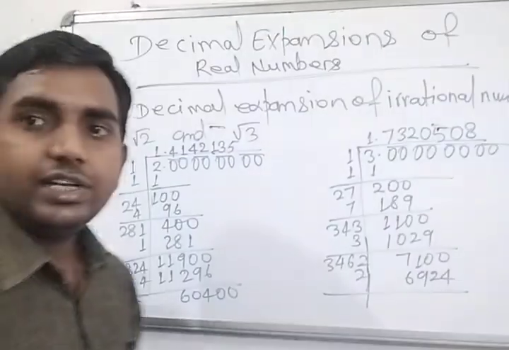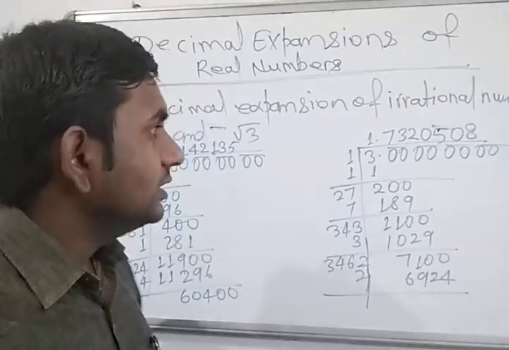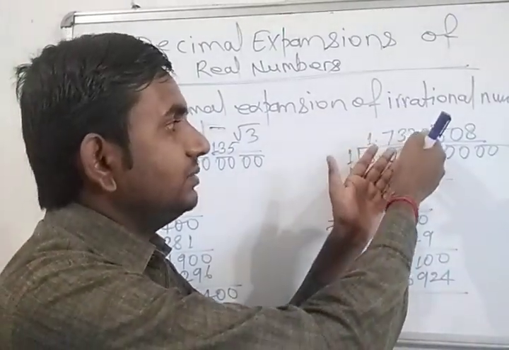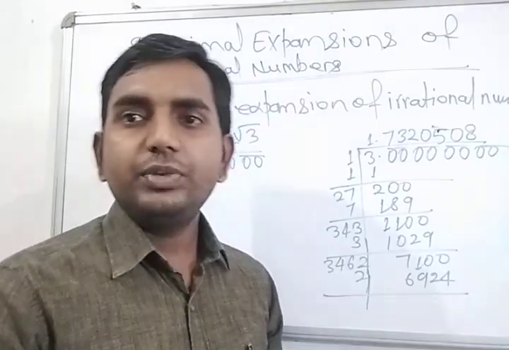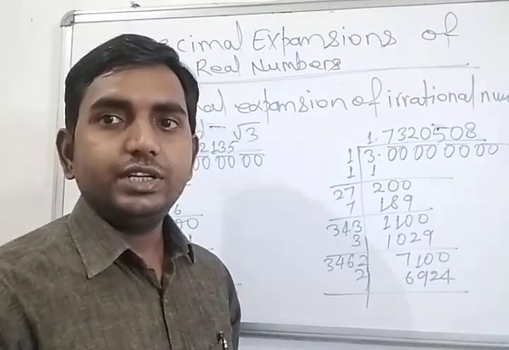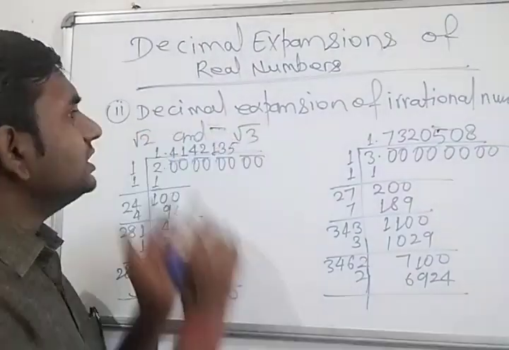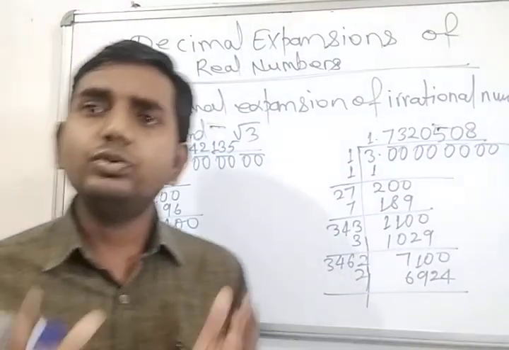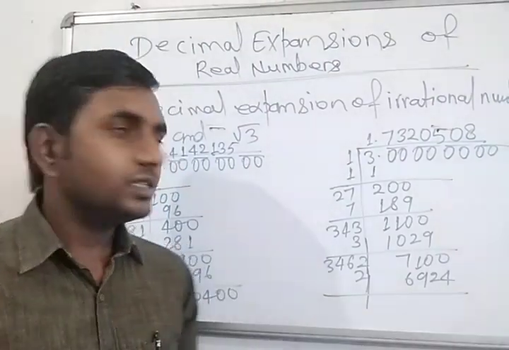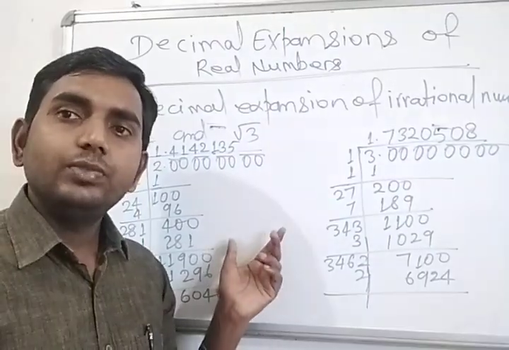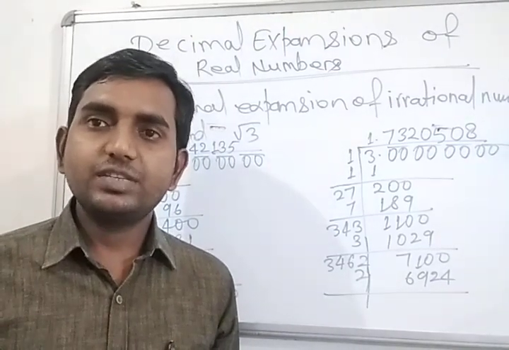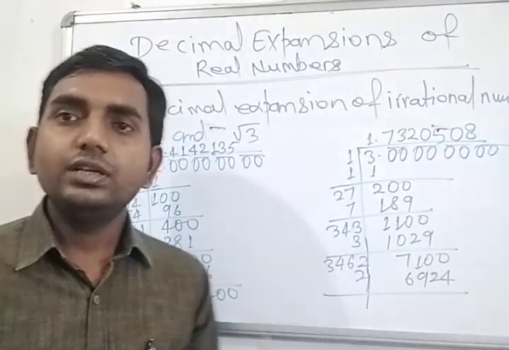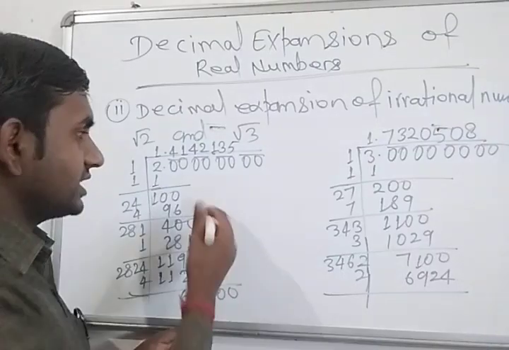If you want to find the square root of 3, you get 1.732050 and so on, and it also neither repeats nor terminates. So it's clear that the decimal expansion of an irrational number is non-terminating, non-recurring.